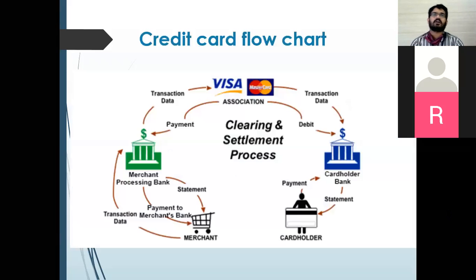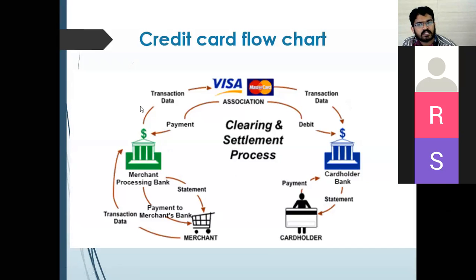Okay, so this is how the flow works. Basically what happens here is you have a merchant, you do shopping. This is the transaction data. The transaction data goes to the merchant bankers. The merchant banker passes it to, who are these? Who are they called? Card associations, right? The card association passes the transaction data to the card holder, and the statement is generated to the card holder.